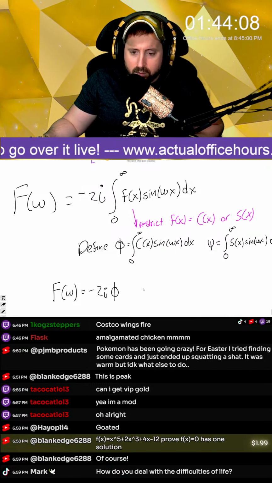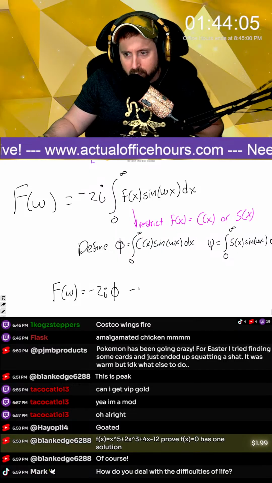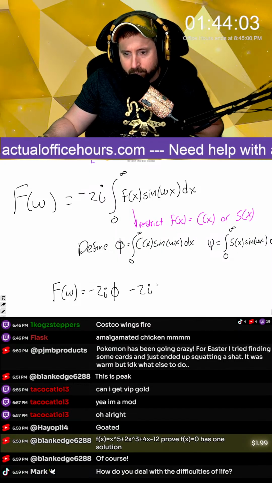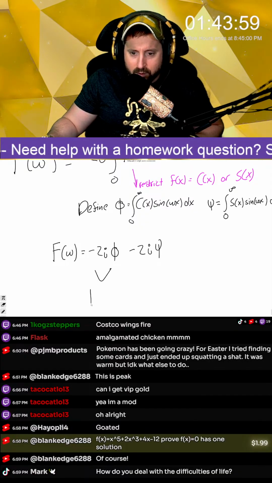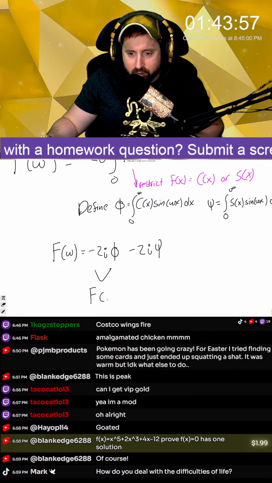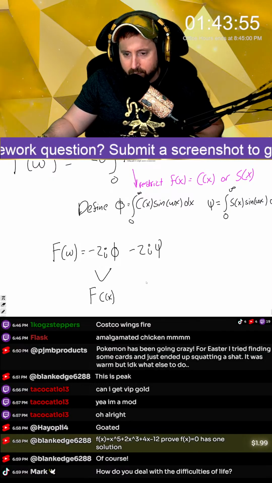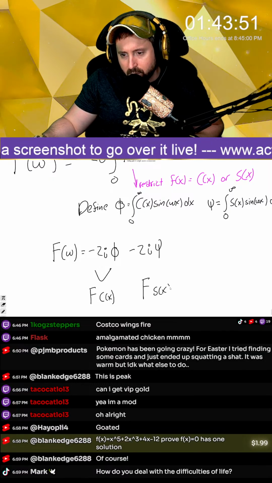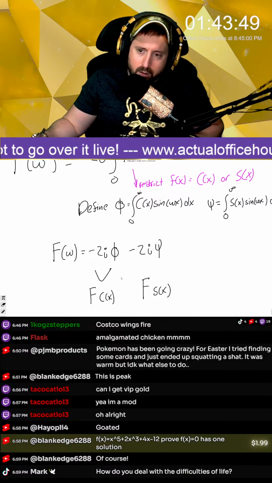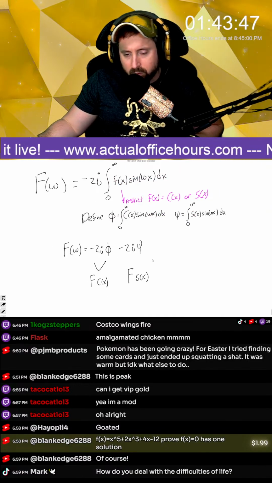And for the s of x, it's -2i psi. This is f acting on c of x, and this is f acting on s of x, and those would be separate equations. Okay. Cool.